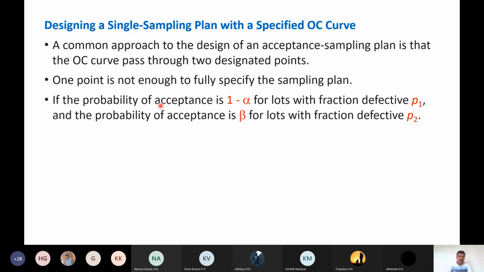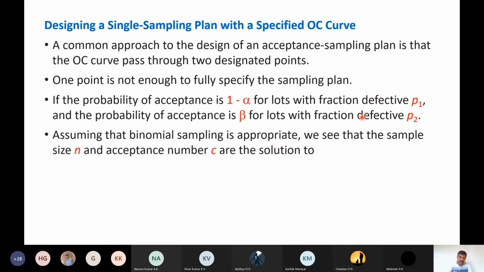Next, the probability of acceptance, that is PA, is given by 1 minus alpha for lots with fraction defective P1, and the probability of acceptance is beta for lots with fraction defective P2, assuming that binomial sampling is appropriate. That means we are considering type B OC curve.